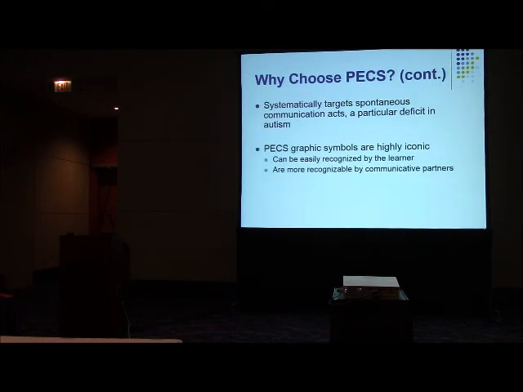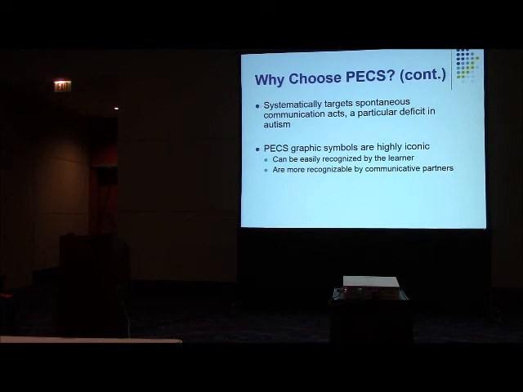So why select exchange-based communication systems? Well, I've already said, it's one of the areas where it's easy to start training individuals, right? And for individuals with autism, a lot of the time they have a hard time spontaneously communicating, right?